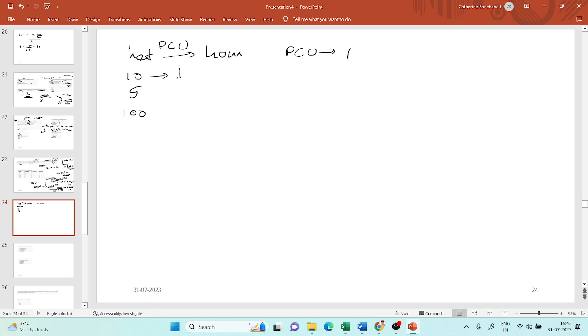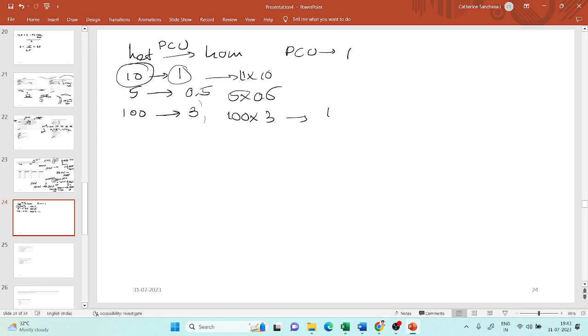Okay, and bicycle maybe it is 0.5 and trucks maybe it is 3. So they have a PCU value. Now this has to be multiplied with the original volume to get homogeneous traffic. Okay, so 1 into 10, 5 into 0.5, 100 into 3.